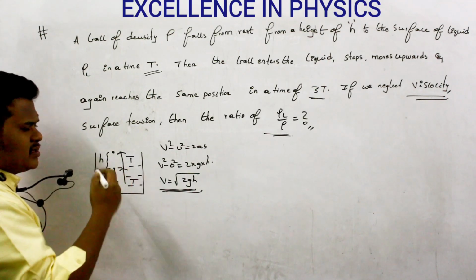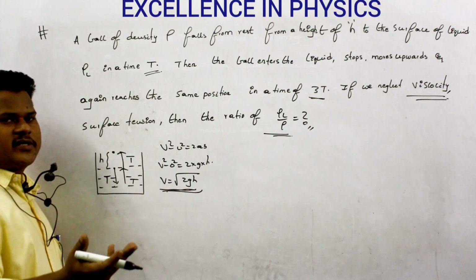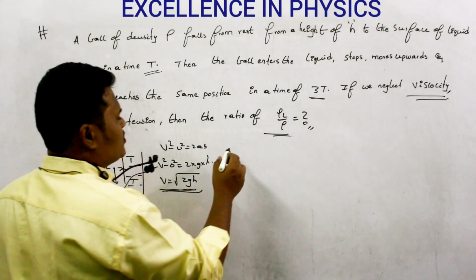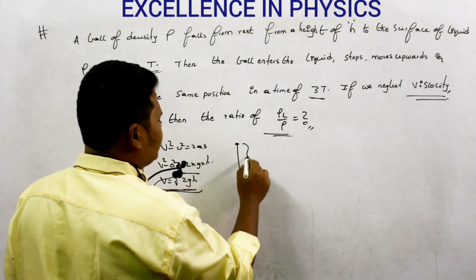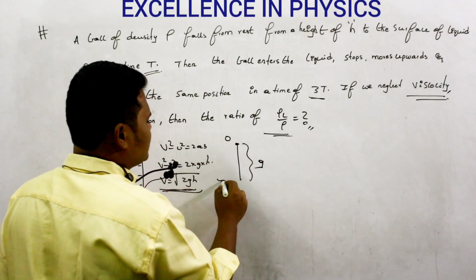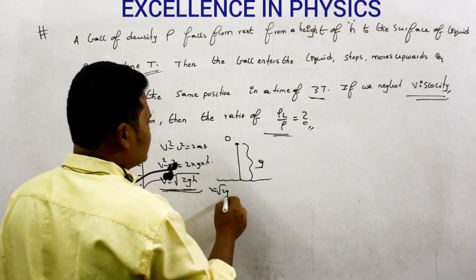So definitely I can say, if this time taken is t and this time taken is also t, then it means that this liquid is providing the same acceleration as Earth is providing. Because to travel from here to here, the acceleration is g. Here velocity is 0. By the time it touches the liquid surface, velocity is root 2gh.